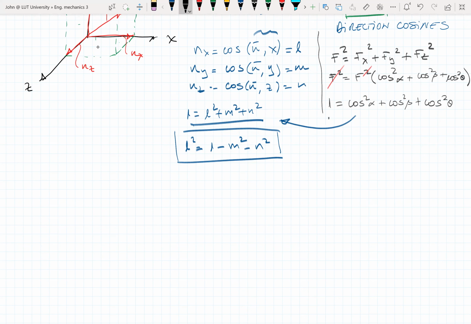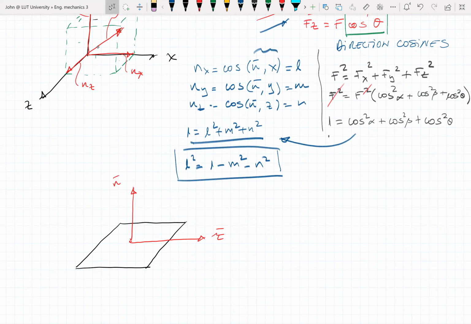I will have a plane, and I will have my main orientations that are going to be the normal to that plane, represented by the unit vector n, and the tangential to that plane, represented by the unit vector tau in this case. And again, I will have my, which color? Yeah, green. I will have my vector.